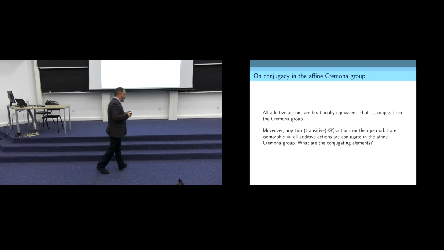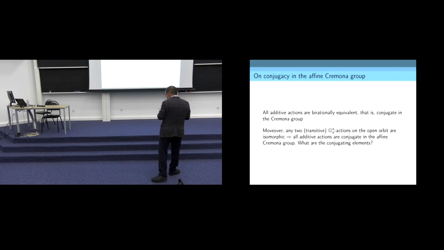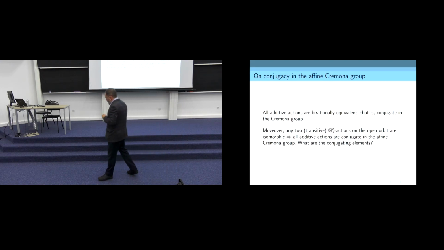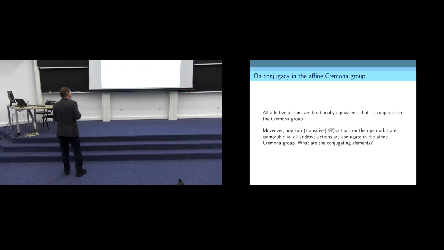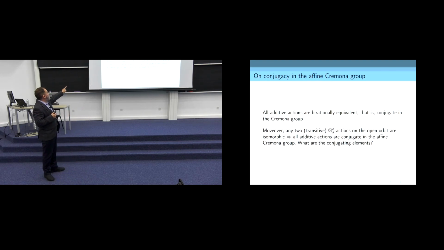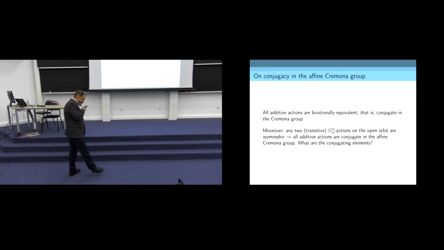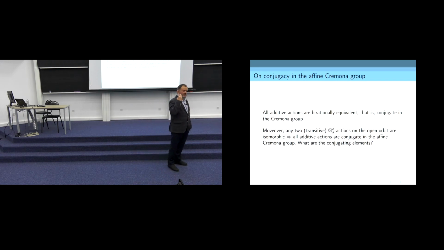Transitive action on the affine space by a vector group is unique up to automorphism. So I conclude that any two additive actions are conjugate even in the affine Cremona group. So this is some, I don't know, some excuse, because this is bad. It would be such a nice theorem that additive action on projective space is unique.